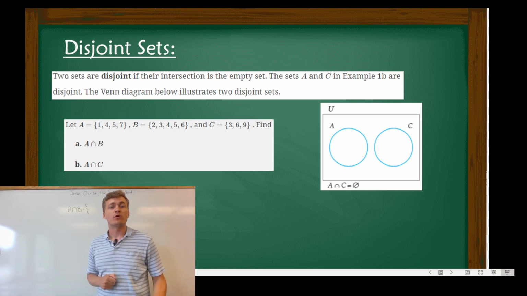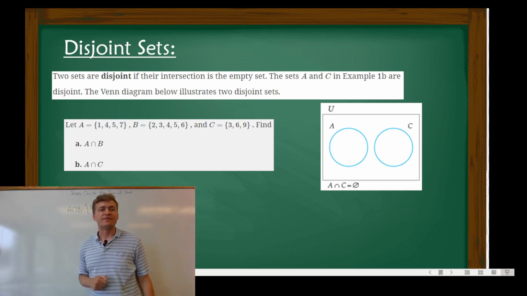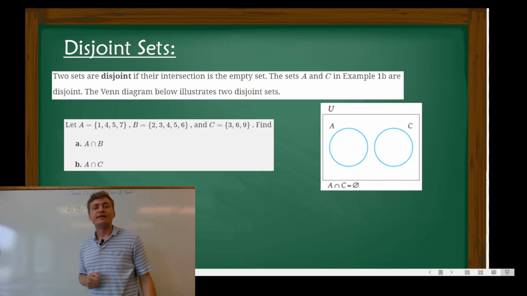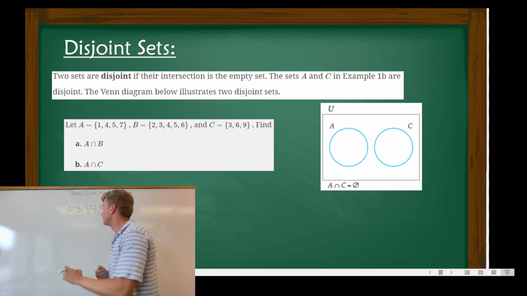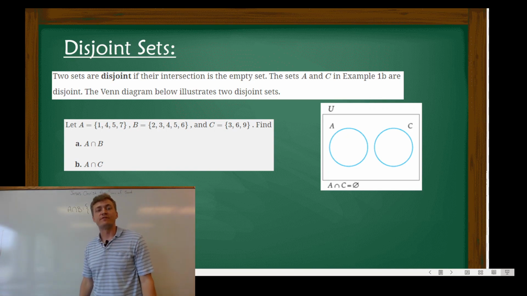A contains 4, but so does B. A contains 5, so does B. A contains 7, but B does not. Here we have our intersection for A and B.